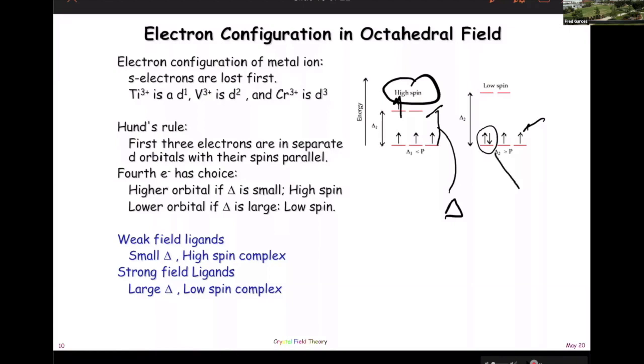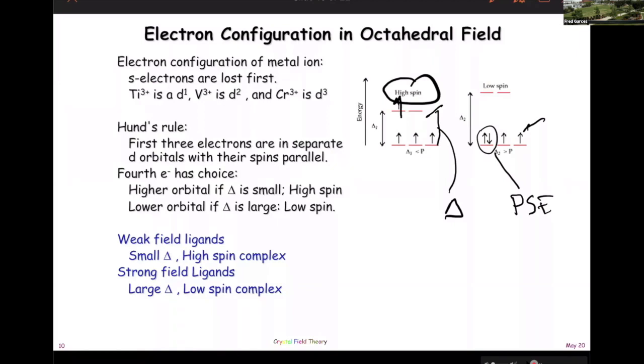And then here you have electron-electron repulsion. That's called the pairing spin energy, because when you put two electrons in the same orbital, they're going to repel each other. So that's an energy that you have to pay. So the question is, is the electron going to pay less energy when it's high spin or less energy when it's paired?